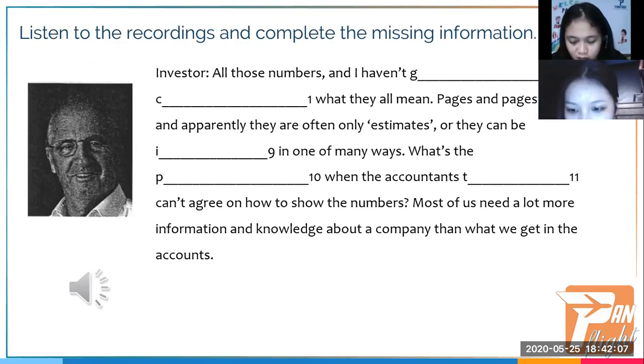What's the point, when the accountants themselves can't agree on how to show the numbers? Most of us need a lot more information and knowledge about a company than what we get in the accounts.